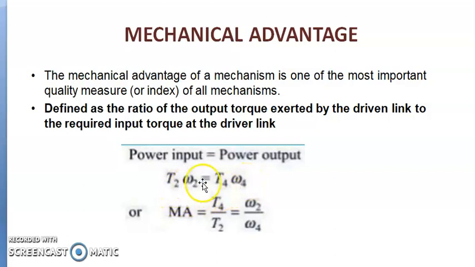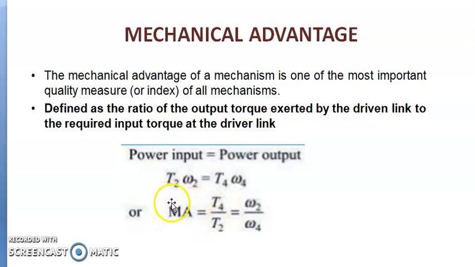Now if we find the ratio of the output torque to the input torque, which is the mechanical advantage, we can see that it is equal to the inverse of the angular velocities, omega 2 by omega 4. If the mechanical advantage is higher, then the input torque required to get the same output torque is less.